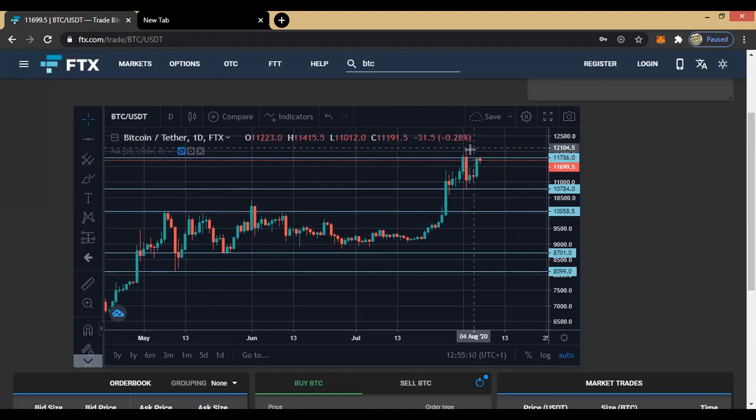That means 12,000 is a point of significance, a resistance zone, and we would have to note it as well. And remember, like I said, these are zones. You can't just say that 12,000 on its own is a resistance zone. It is a resistance point, so to say. From here, between $11,804 and $12,000, these are zones.